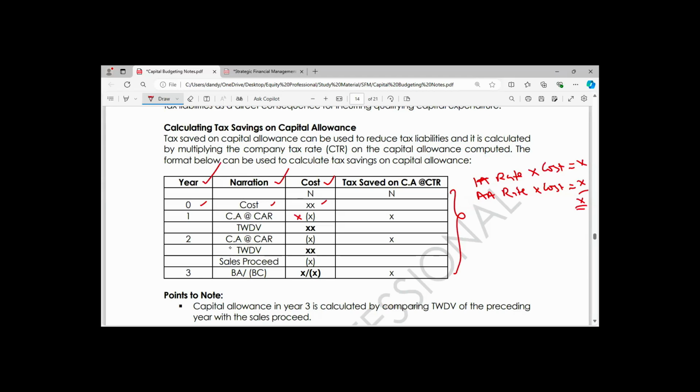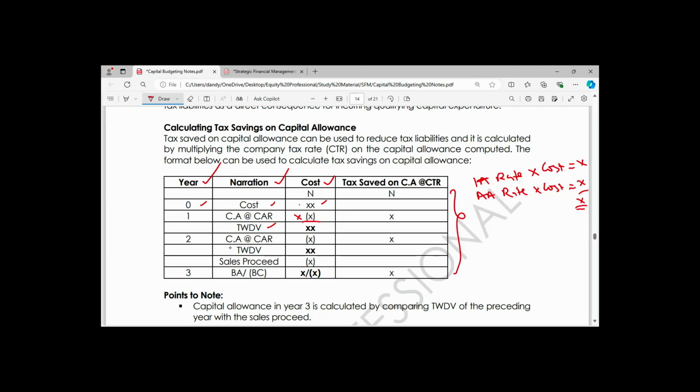In the second year, by the time you deduct the capital allowance of the first year from the cost of the asset, this will give you the tax written down value at the end of year 1. So as you are moving to year 2, you are supposed to claim your annual allowance.